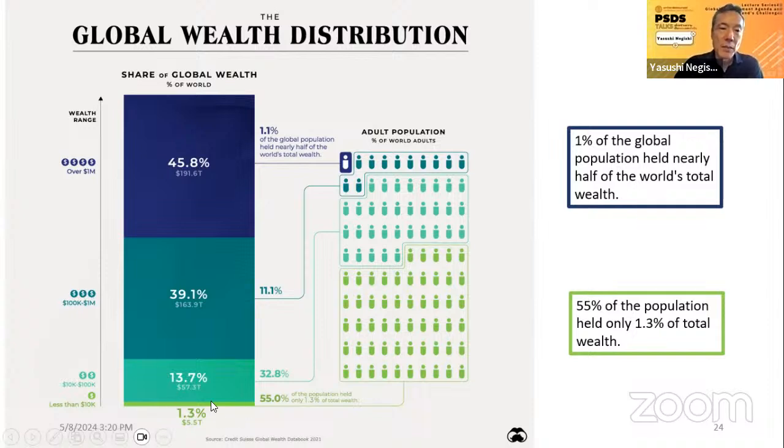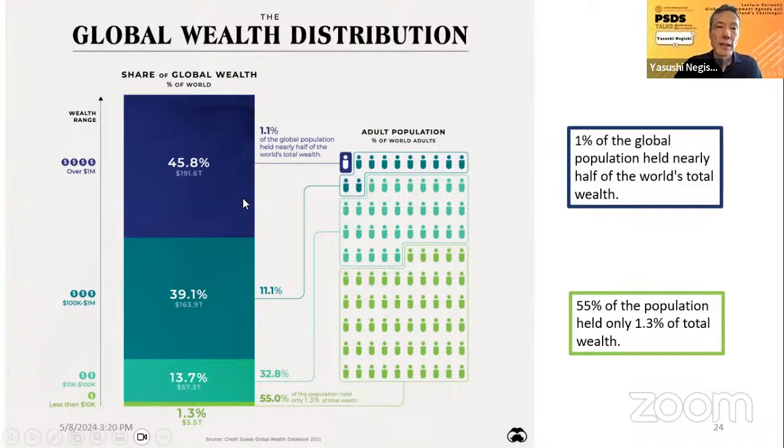And how many people have this 1.3%? Surprisingly, 55% of the global population have only 1.3% of the global total assets.